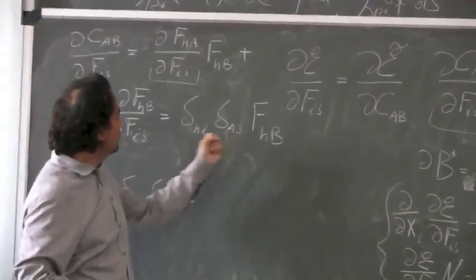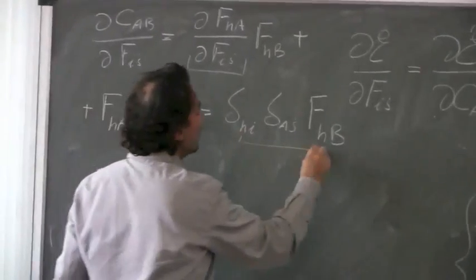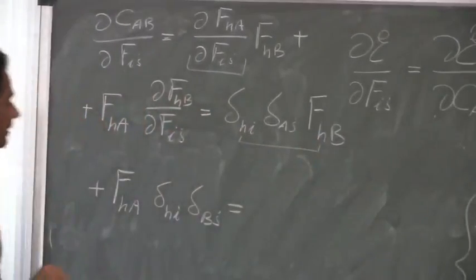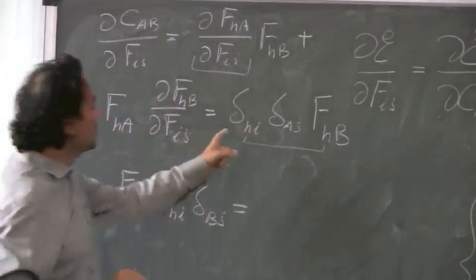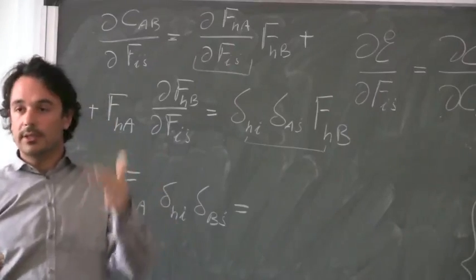You see now, here we have a sum over H. Sum over H means that H should be equal to 1, 2, and 3.